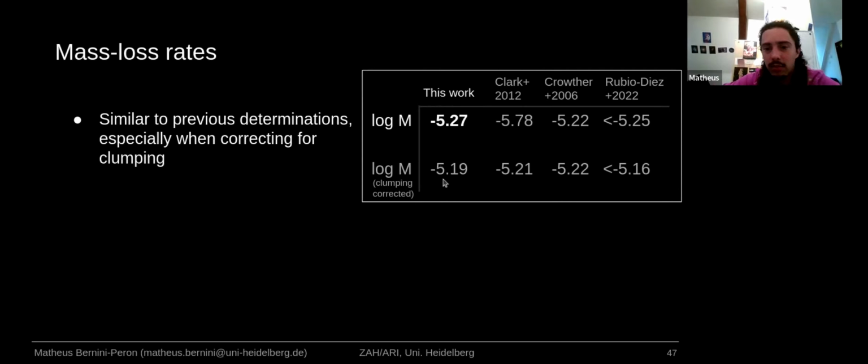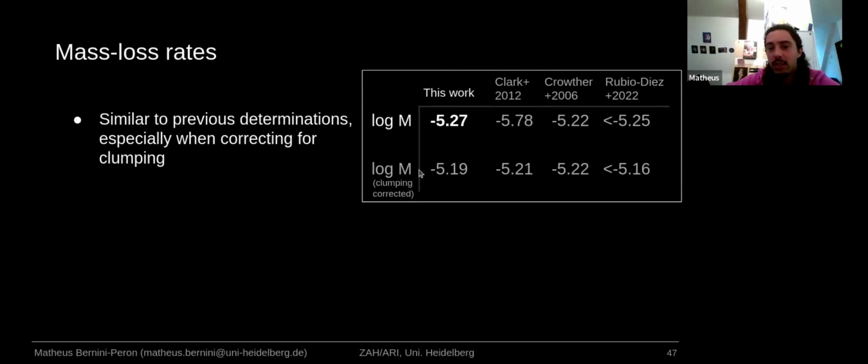But when we correct for the effect of clumping, because usually mass loss rates and clumping are related by the square root of this clumping parameter, a model with a higher clumping in traditional modeling would be equivalent to reducing the mass loss rate and still preserving roughly the same spectral lines.